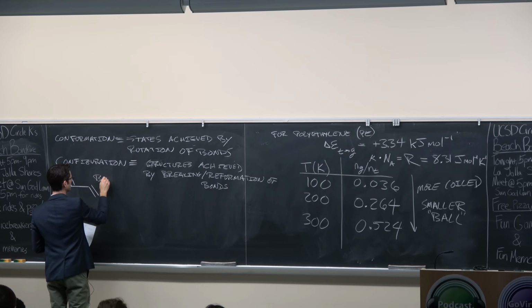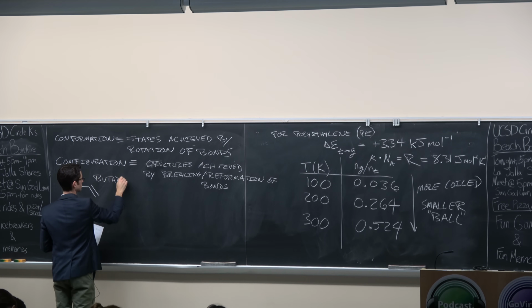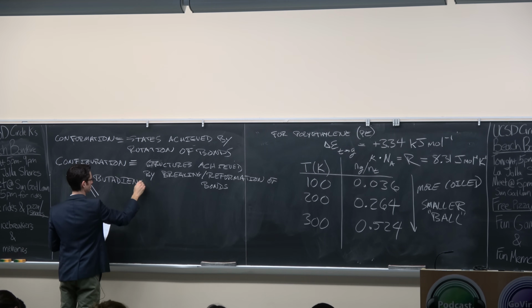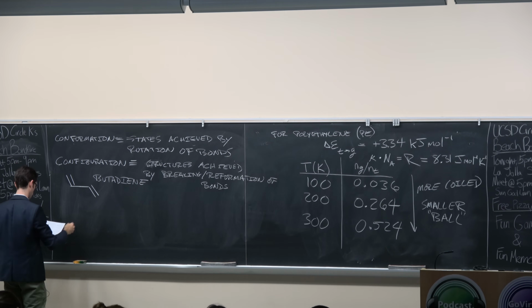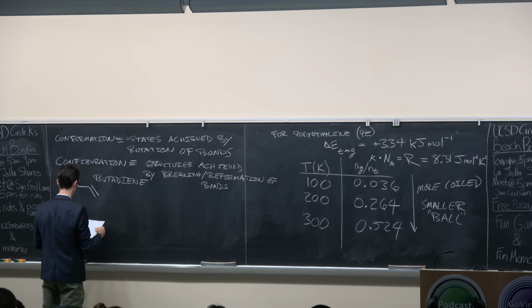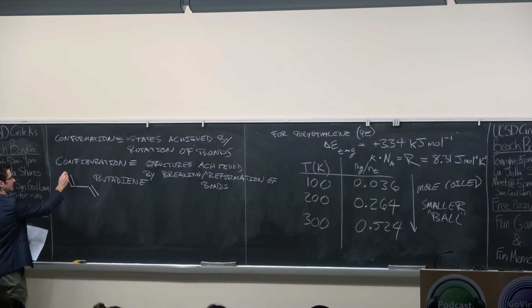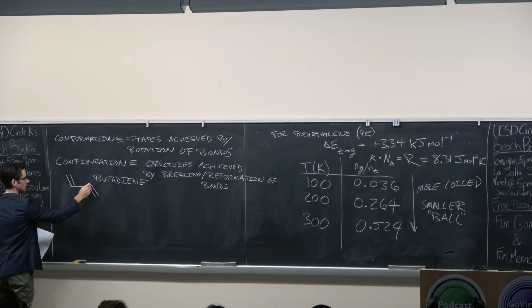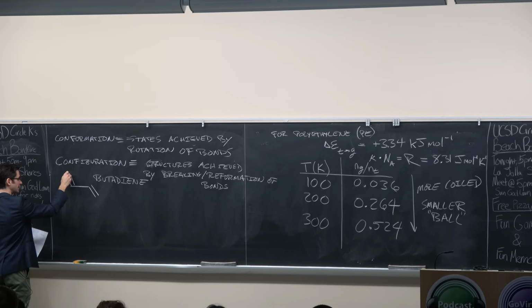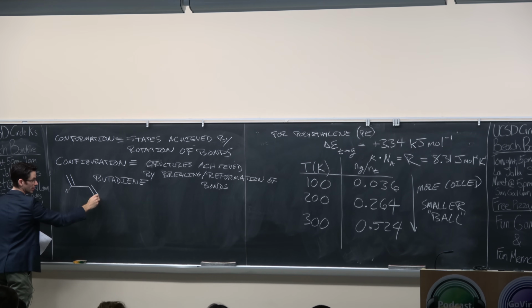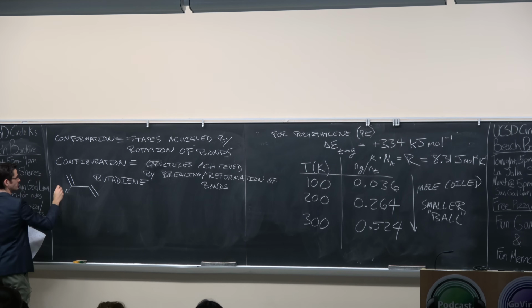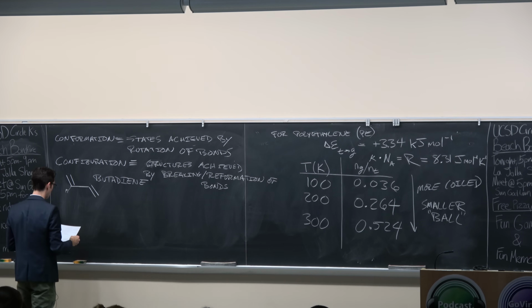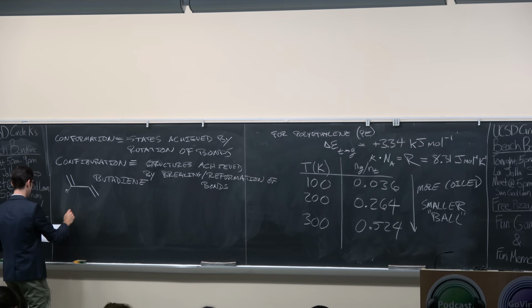This is butadiene. So CH2 group, CH2 group, H here, carbon atom, 2 H's here. When we polymerize butadiene, we can get 2 different configurations.